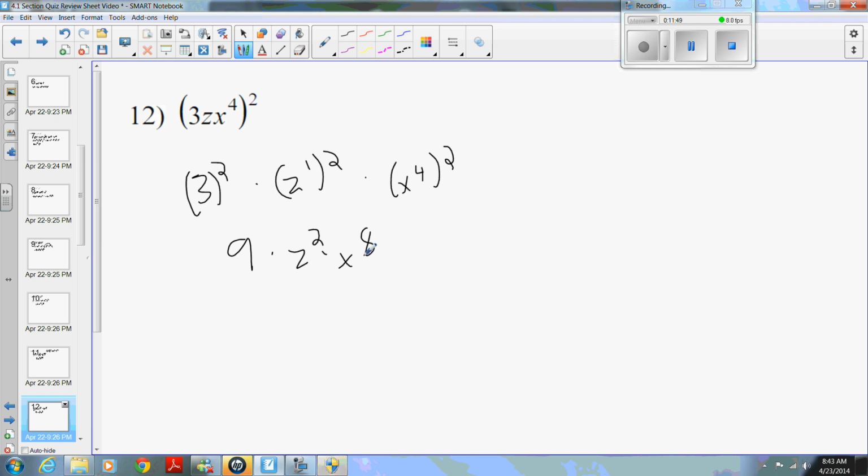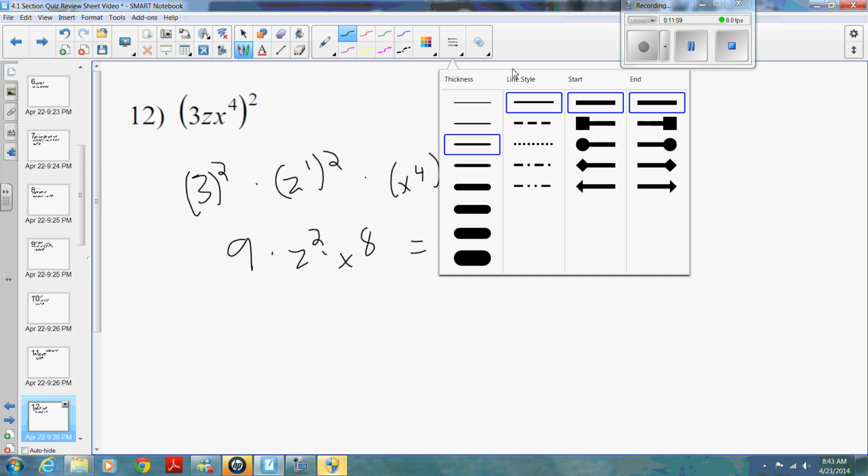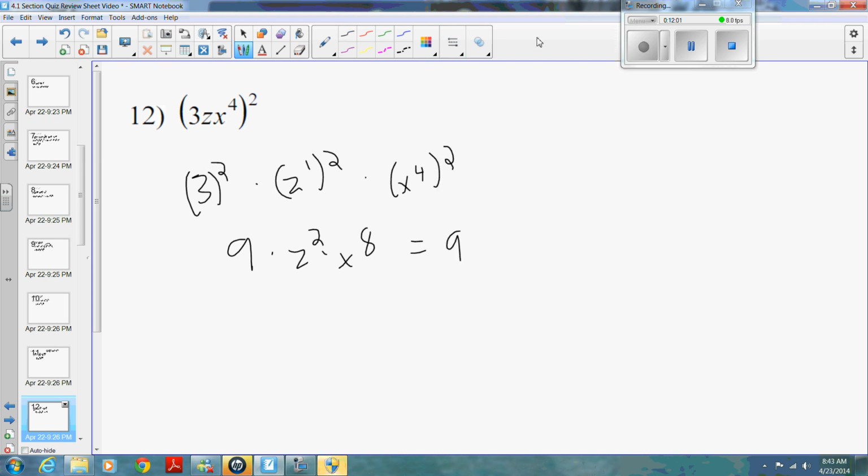So I put dots in between here, but this is really just 9. And of course, you would simply write this in alphabetical order. And if you write this on your test not in alphabetical order, you're not going to be penalized for it. But that's how you'll see the answer in an answer key. 9x to the 8th z squared.